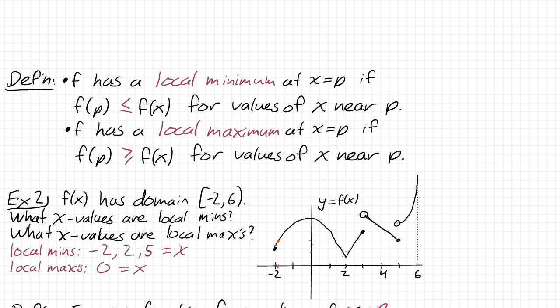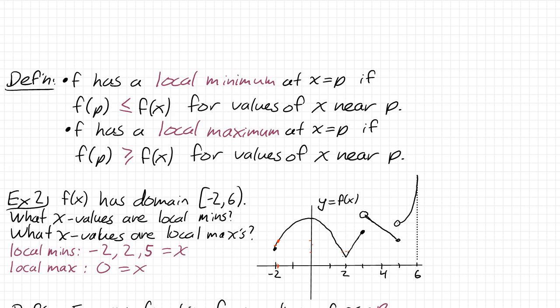Here are those solutions. The local mins are at -2 and 2, and also at x equals 5 here, and there's only one local maximum at x equals 0, so maybe I shouldn't make that plural. So why is it these numbers? Let's go over that.